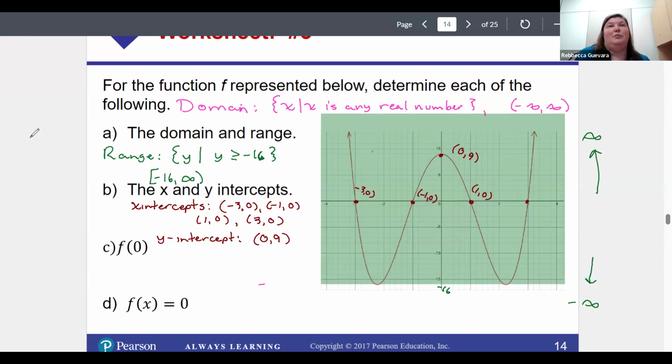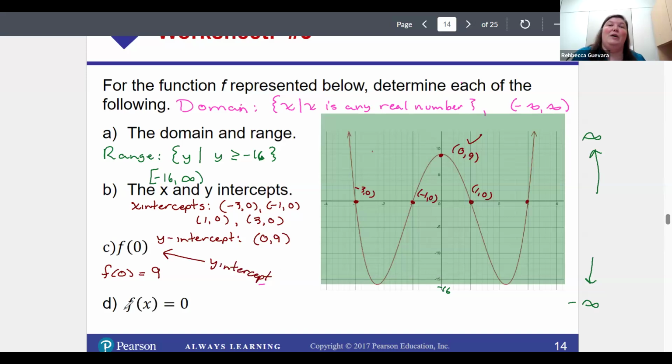Okay. So we kind of answered part of this in one of these questions here. If I ask you for f of 0, well, we got it right there. When x is 0, we see that the output should be 9. When we ask f of 0, we're asking for a y-intercept.